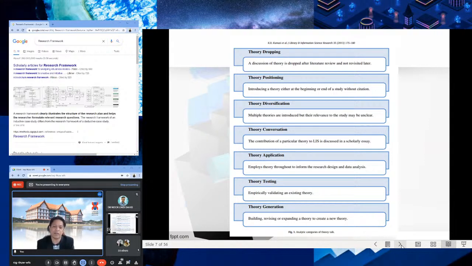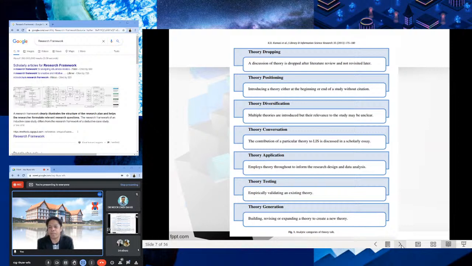This is very important and significant to our research, because we need to position it in a good way, so that when we propose our research framework, that framework can help us move our research forward and continuously improve what we are doing.